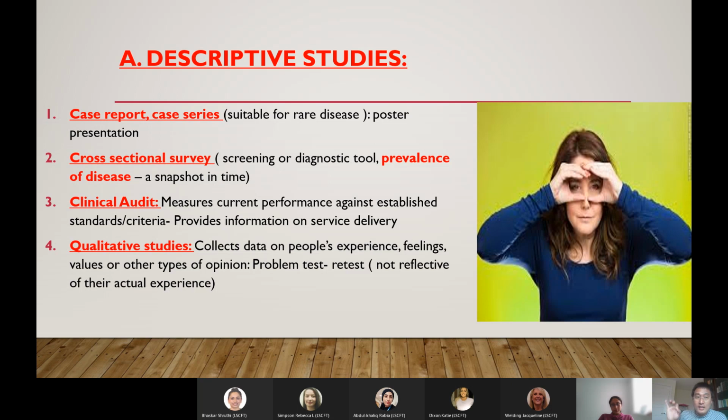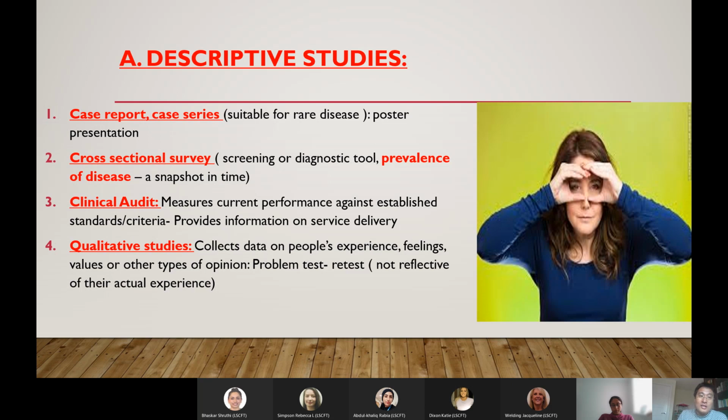You do a poster presentation, and that is called a case report, or if there are 2 or 3 cases, it is called a case series. For cross-sectional study, always remember, if you are doing a screening test, like for depression, there are a lot of screening tests. So anything with screening or diagnostic is cross-sectional.